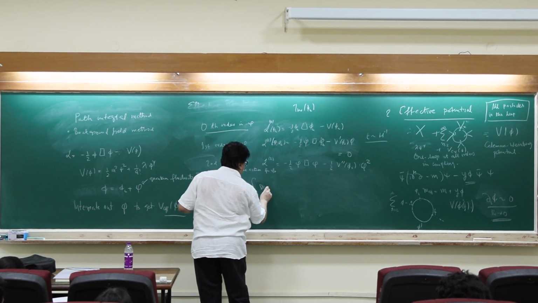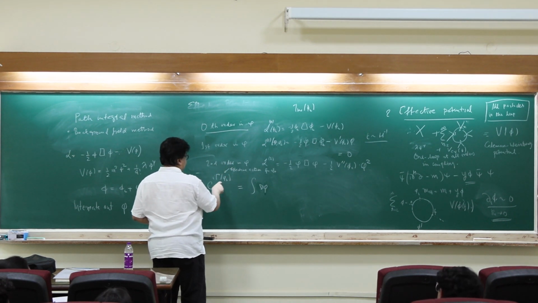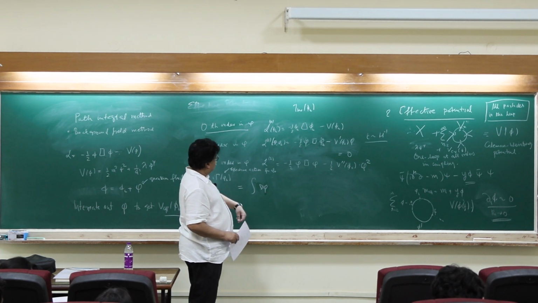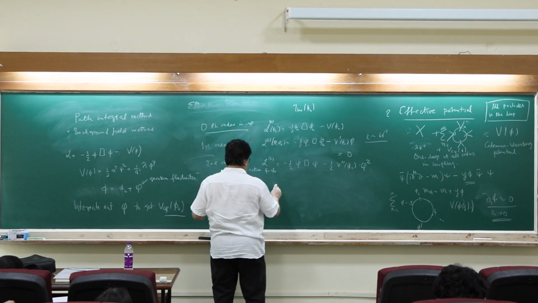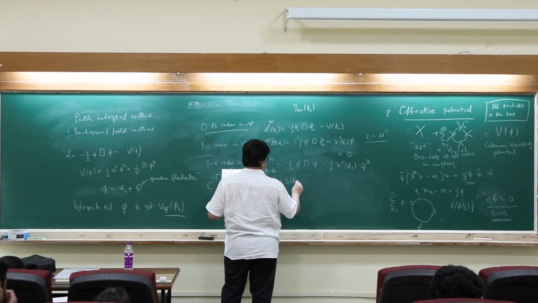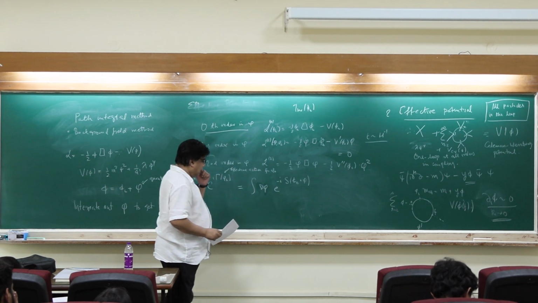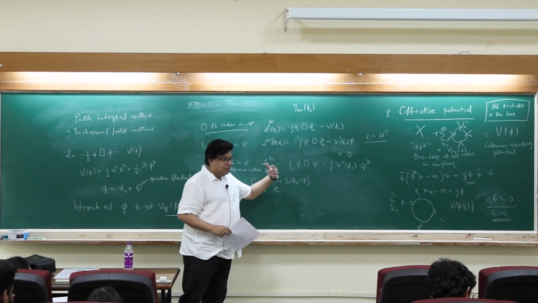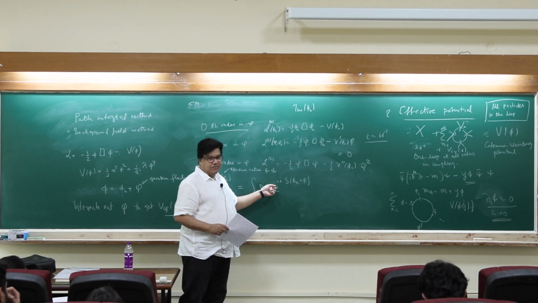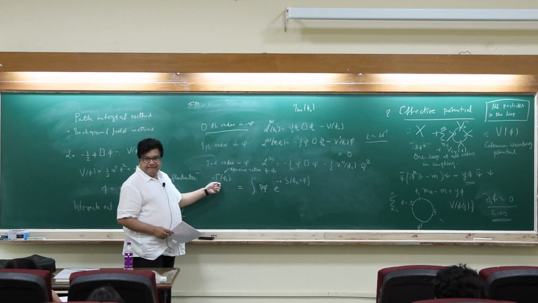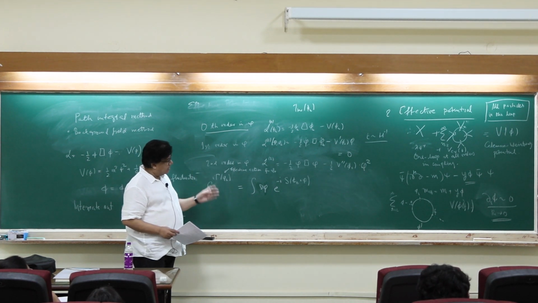So please be careful: the capital phi is the full field, phi b is the background, and this var phi is the fluctuation. So from the total action, integrate out the fluctuation. You will be left with something which is just a function of the background. Call that the effective potential, effective action.